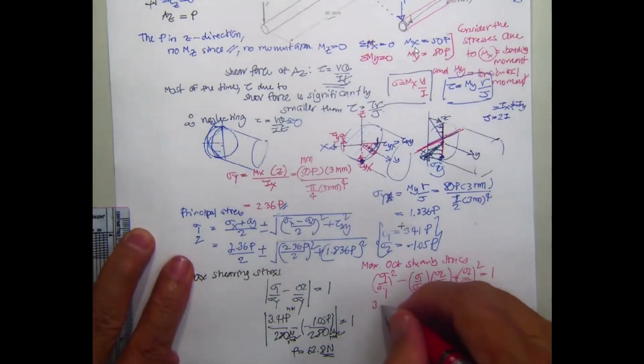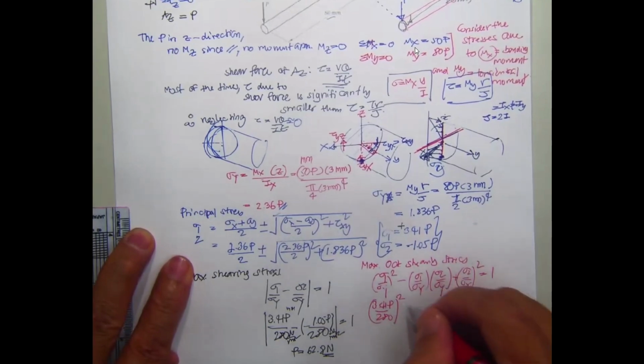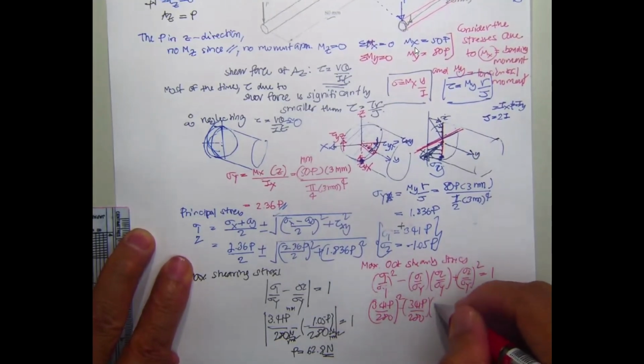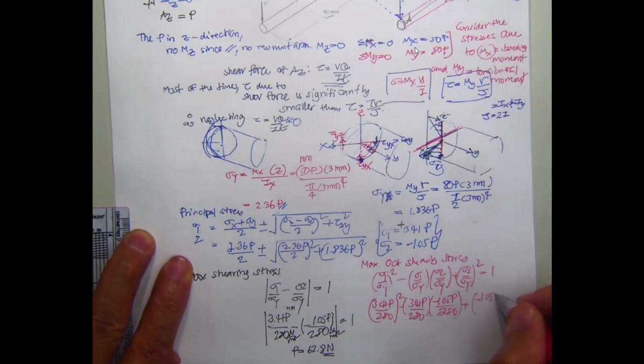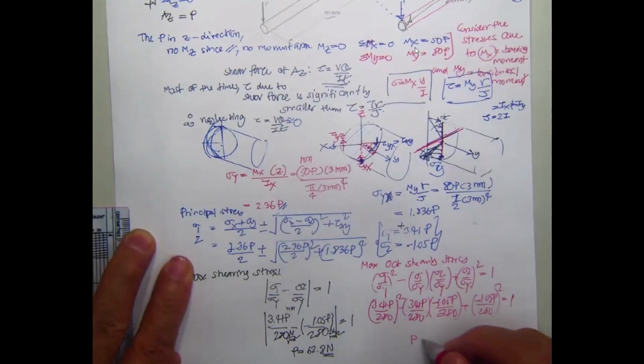Then 3.41 P divided by 280 squared, minus 3.41 P divided by 280 times sigma 2, minus 1.05 P divided by 280, and then plus minus 1.05 P divided by 280 squared equal to 1. Then we have P equal to 69.2 Newton.